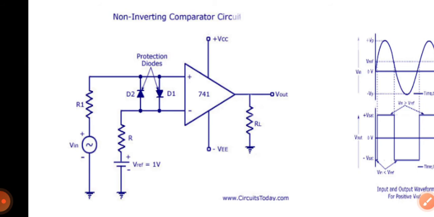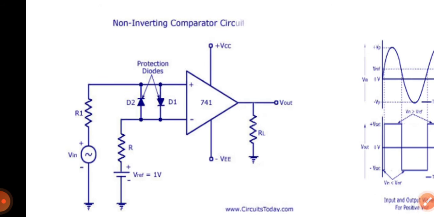In this circuit, two diodes are used, which are protection diodes. The diodes D1 and D2 protect the op-amp from damage due to excessive input Vin. This is the Vin voltage.